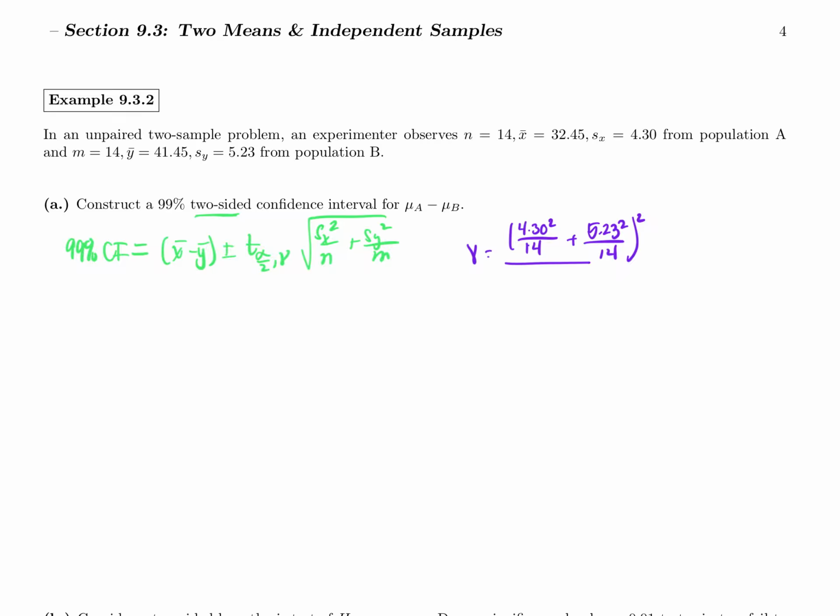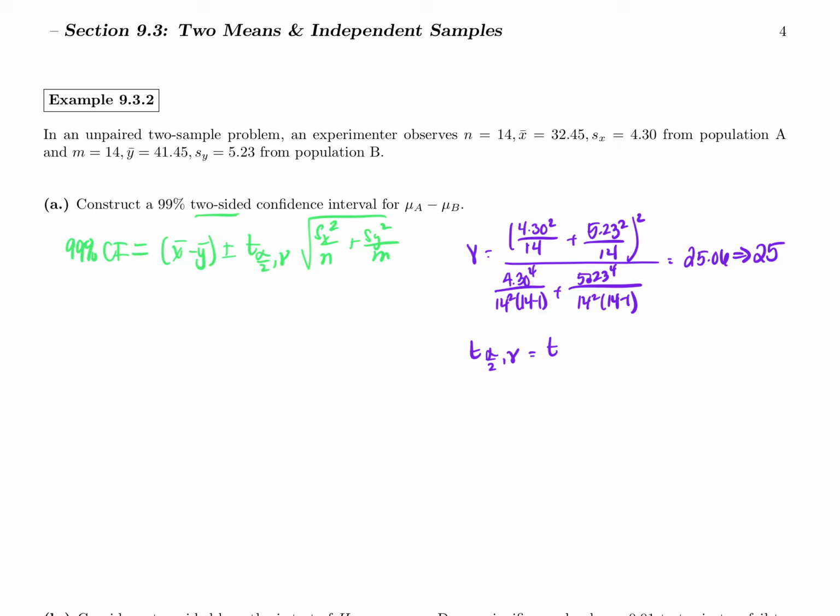Then we divide it by something somewhat similar: 4.30 to the fourth over 14 squared times 14 minus 1, plus 5.23 to the fourth over 14 squared times 14 minus 1. When we calculate all of this, we end up with 25.06, which means we round down to 25.